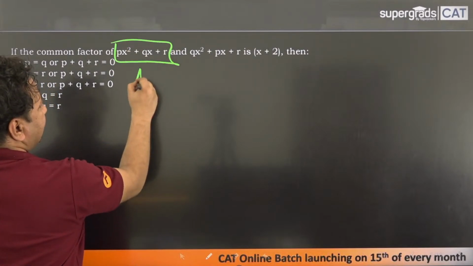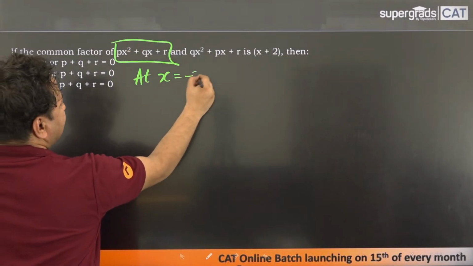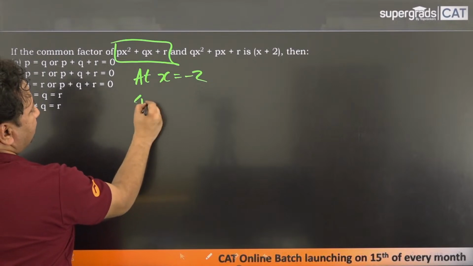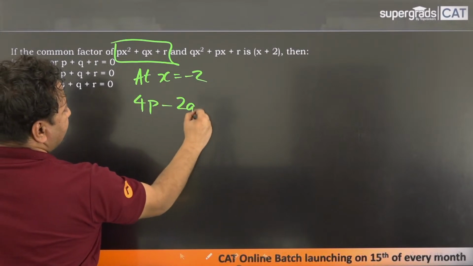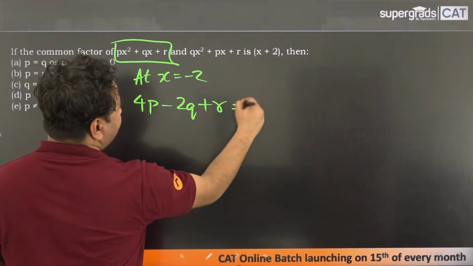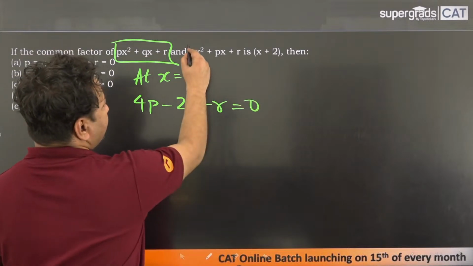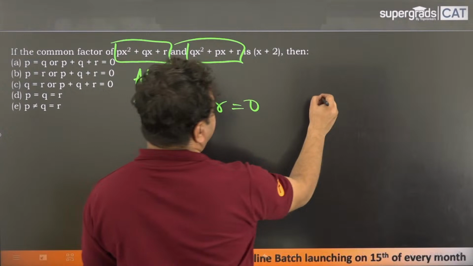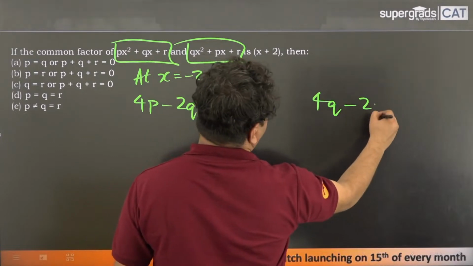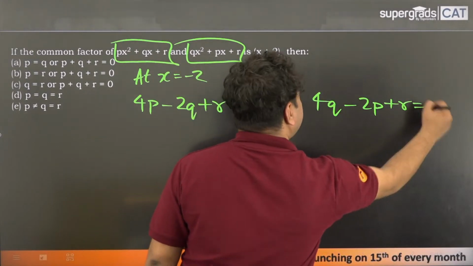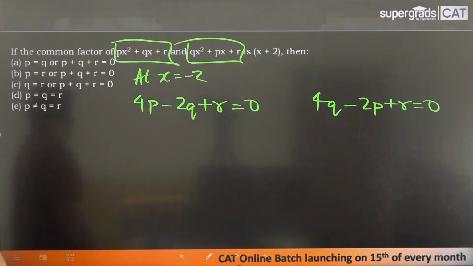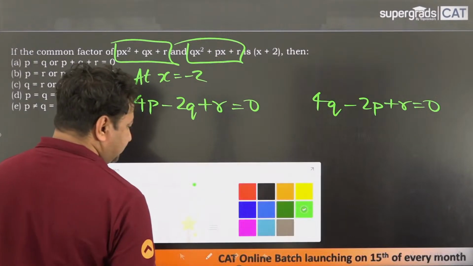So, at x is equal to minus 2, this becomes 4p minus 2q plus r. This will be equal to 0. And similarly, this one, 4q minus 2p plus r, also becomes 0. What next? We have two equations in front of us.